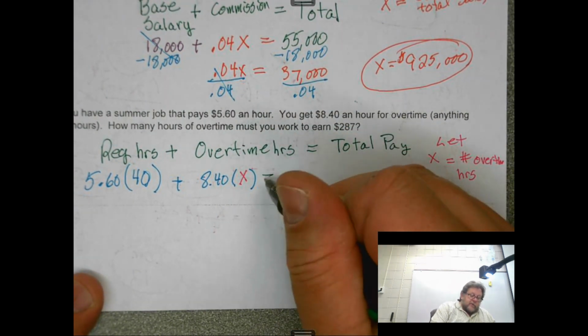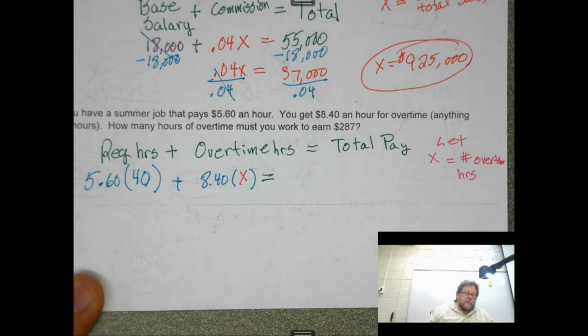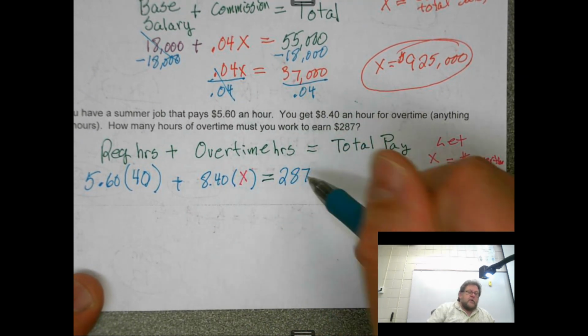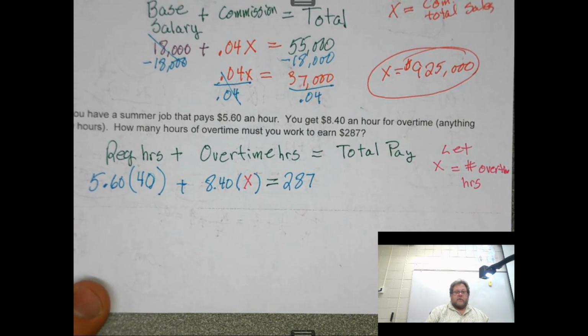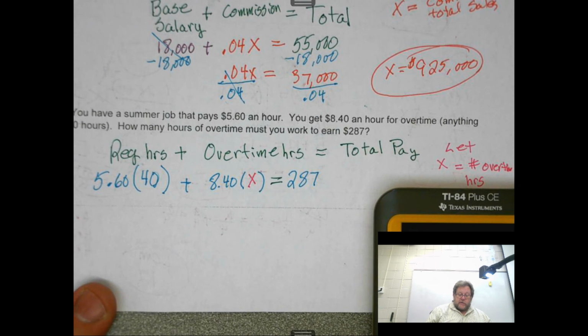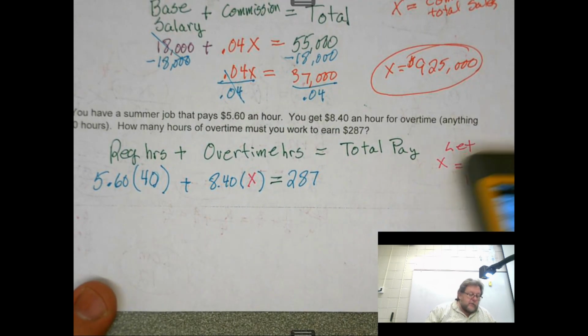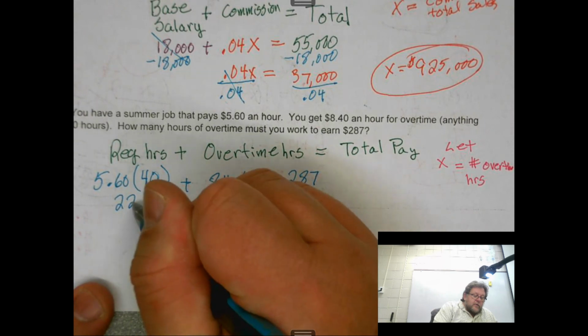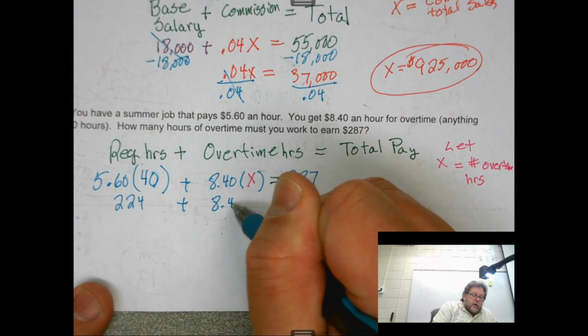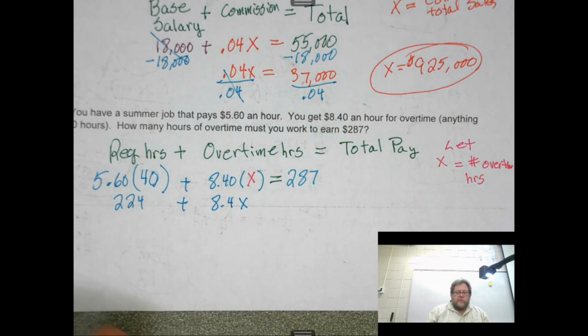Get my variables on one side, so I'm going to undo the positive 224 by subtracting 224 from both sides. I have 8.4x equals 63.